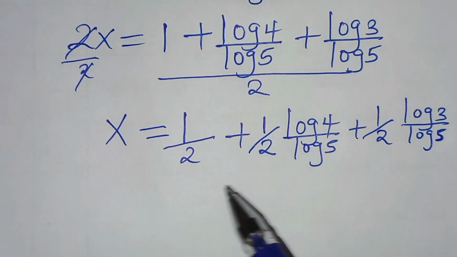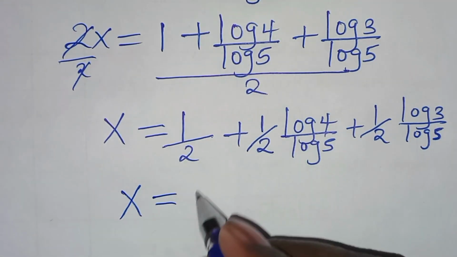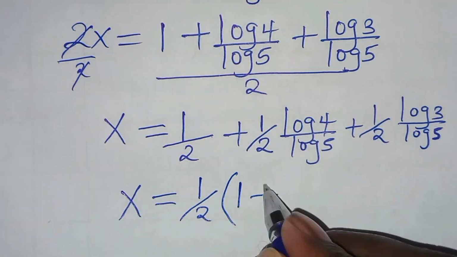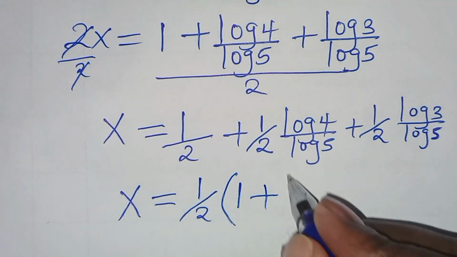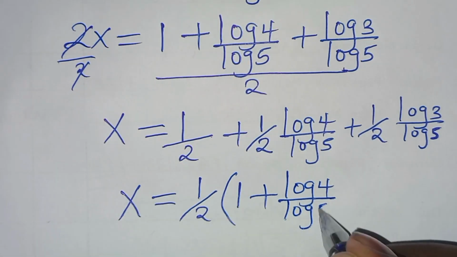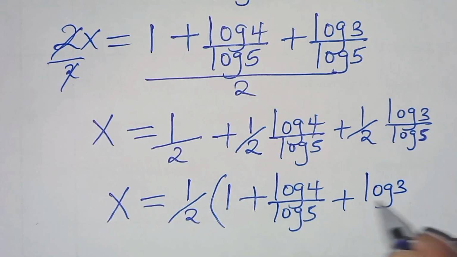The next step is that a half is common here, so we can factor out half so that we have half into the parentheses 1 plus log 4 over log 5, then plus log 3 over log 5.